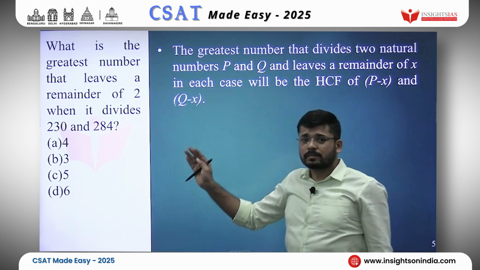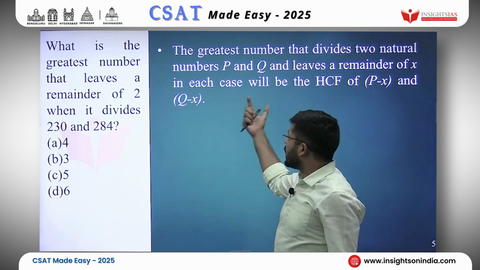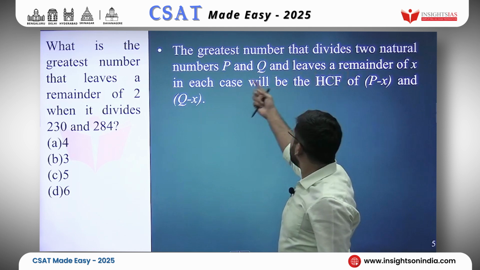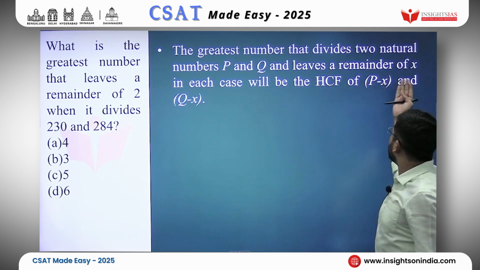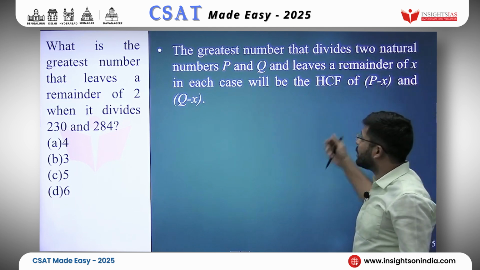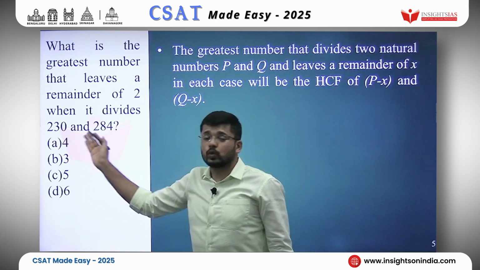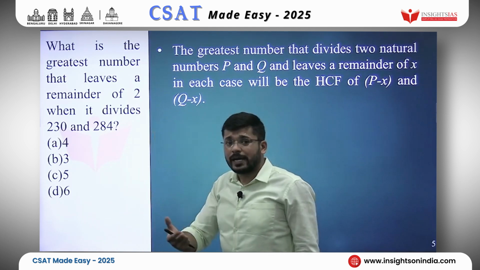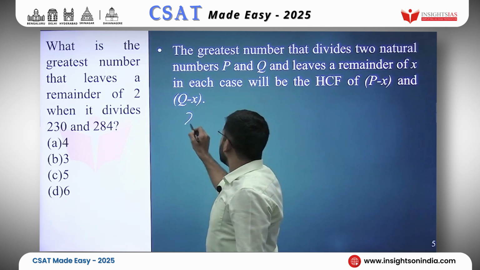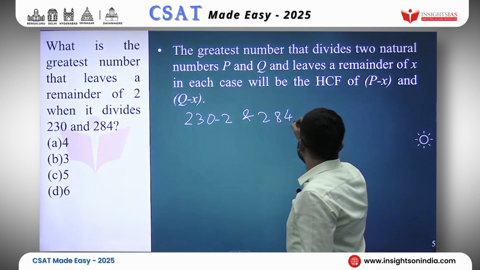So going by this rule, what will our answer be? The greatest number that divides two numbers P and Q and leaves a remainder of x in each case is the HCF of P minus x and Q minus x. In this case, P and Q are 230 and 284 and x is 2. So we need to take the HCF of 230 minus 2 and 284 minus 2.